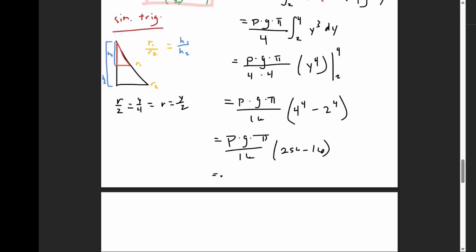So g pi times 240 divided by 16 equals 15 times density times g times pi, and this is the answer. We did it.